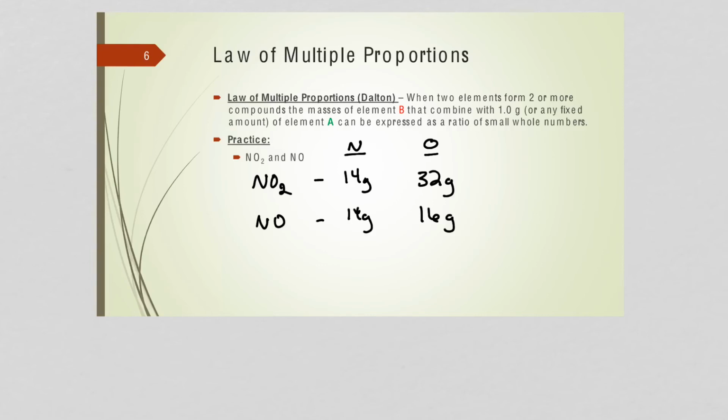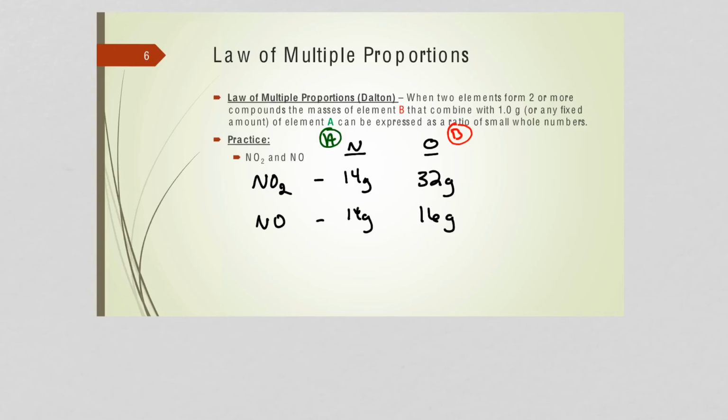So let's apply this idea of multiple proportions. Our fixed amount, A, is nitrogen. So we have a fixed amount of 14 grams of nitrogen. And our element B is the oxygen. The masses of B that combine with this fixed mass of A should be able to be expressed as a ratio of small whole numbers.